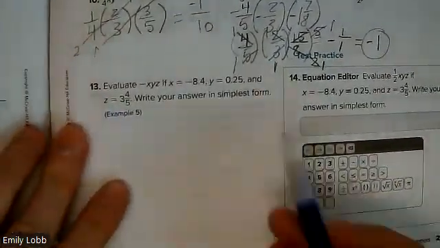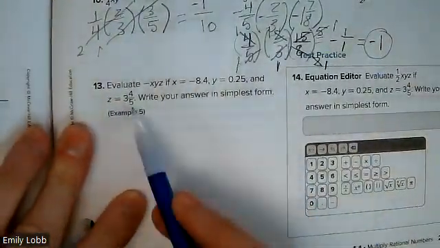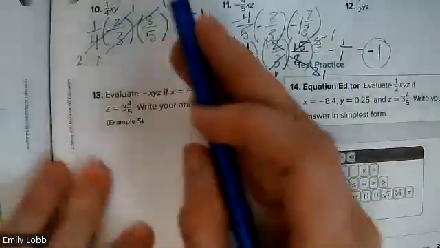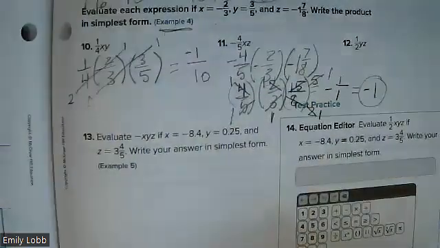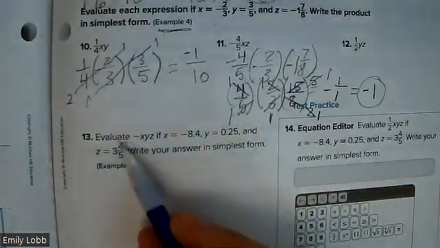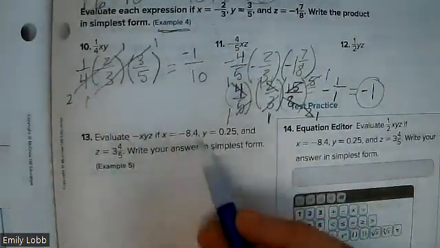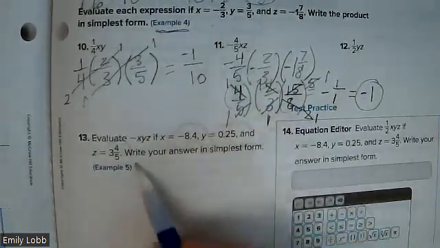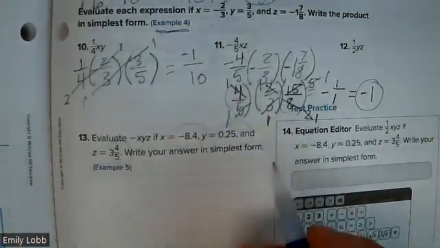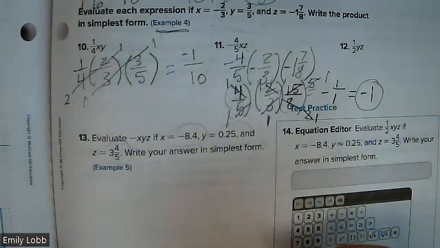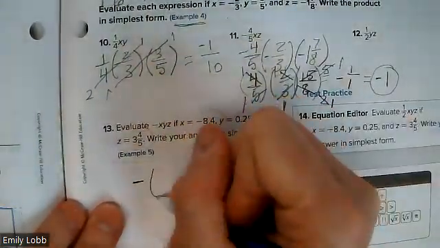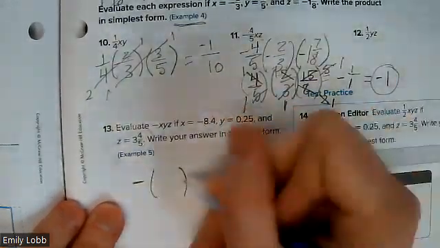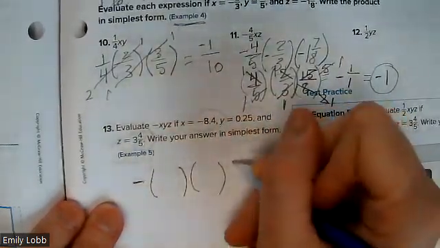All right, here's the same thing, but this time it's a lot like this second section up here. We have to decide if we can change them all to decimal. Looking at our factors here, can we change this to a decimal? Is it terminating? Yes, we can. So I would rewrite my problem. I'm keeping my negative sign there with parentheses in place of my letters.